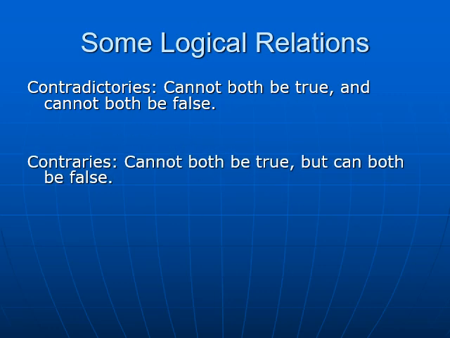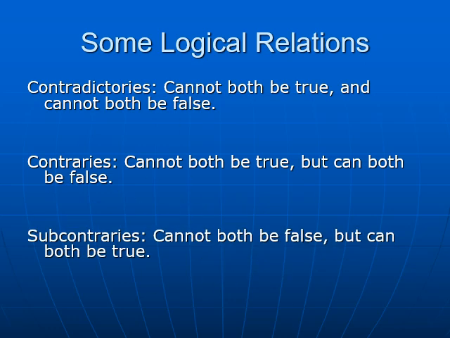Second, there are contrary statements. A pair of contrary statements, they cannot both be true, but they can both be false. And for subcontraries, they cannot both be false, but can both be true. Now that may sound pretty fuzzy to you at this point, but we're going to try to make it a little bit less fuzzy by filling in some examples.